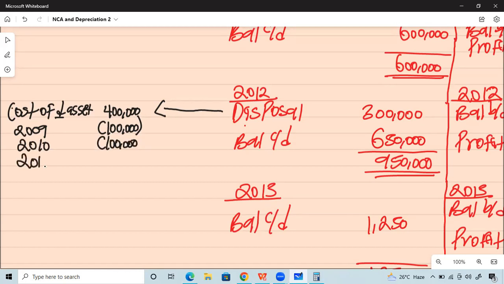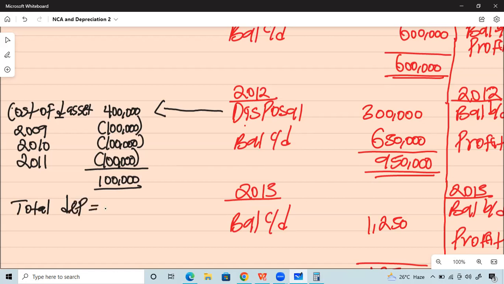And 2011 depreciation is also 100,000. So the balance for this particular asset as at the time that you are selling it is 100,000. Total depreciation is 100 plus 100 plus 100, which is 300,000. So that's how we get this particular 300,000 that we are referring to.